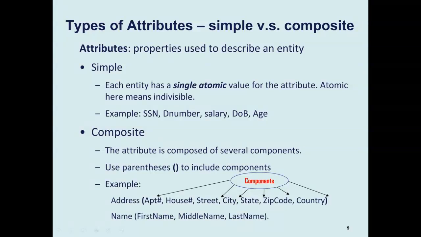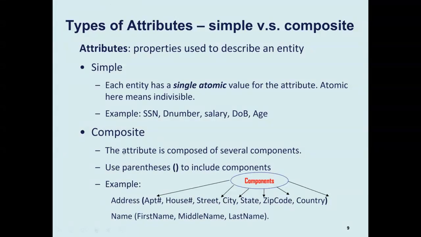But still, we consider DOB as a simple attribute in the sense that each person can have only one DOB. Each entity should have a single value for the DOB, and usually in order to represent a birth date, we have to use all the components together.